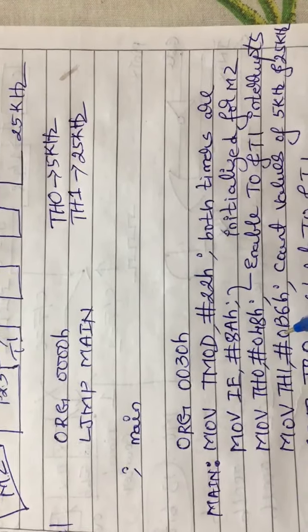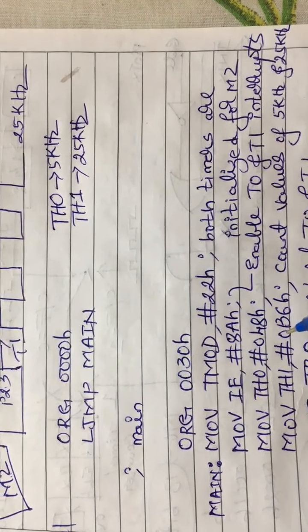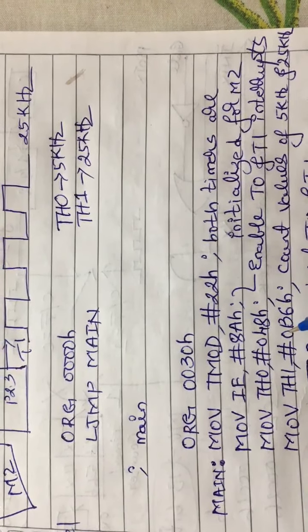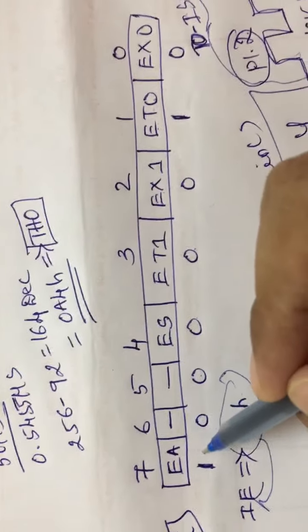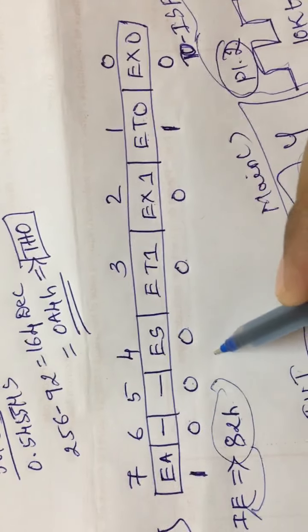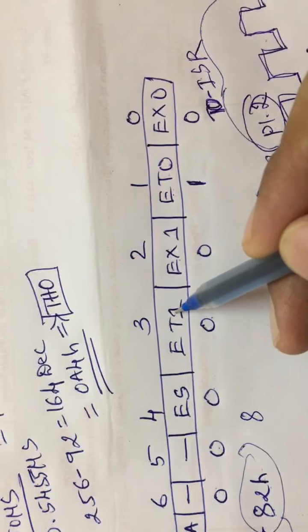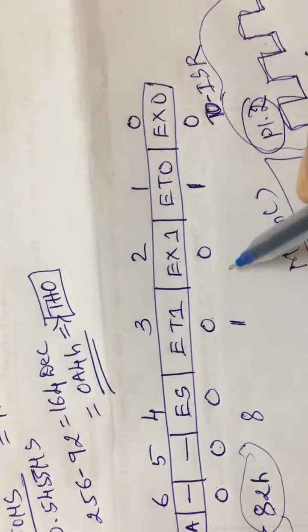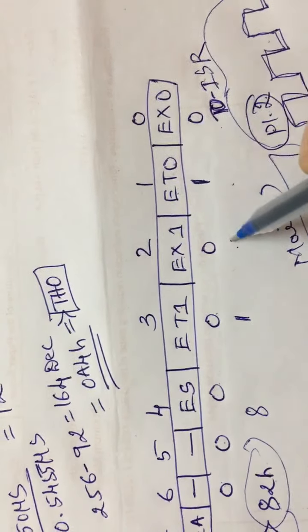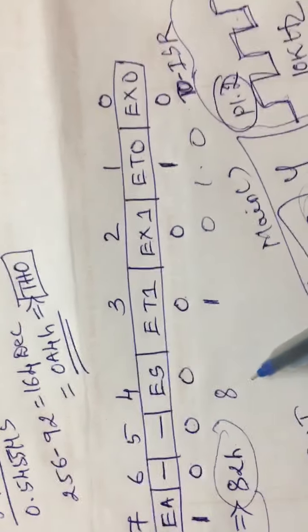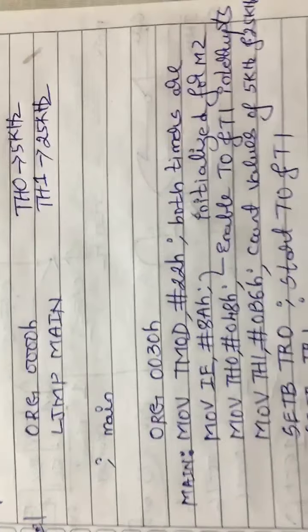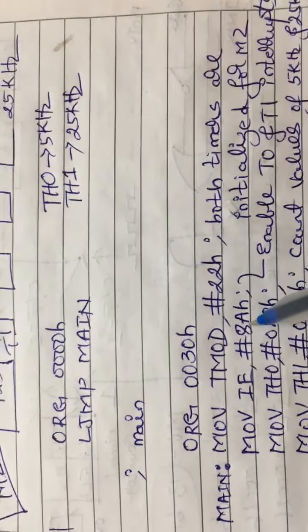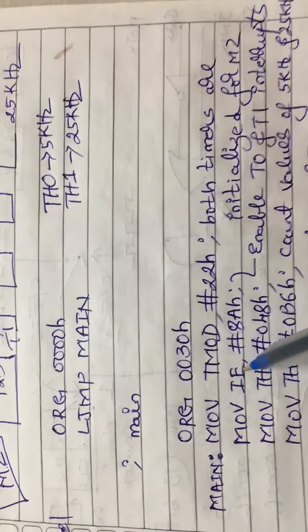Take the same example: 1 0 0 0, this 8 is constant. For timer 1, make this 1 0 1 0, so 1 0 1 0 in hex is A, so 8Ah. Put that value inside the IE register.